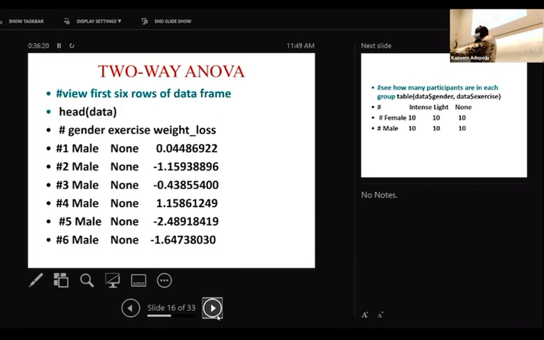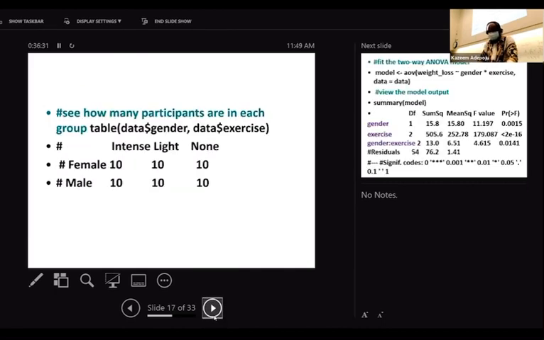For exercise, we have 3 levels: none, meaning you don't do exercise at all, light, and intense. And you have 2 levels of gender, male and female. We want to look at the effects of gender and exercise on weight loss.